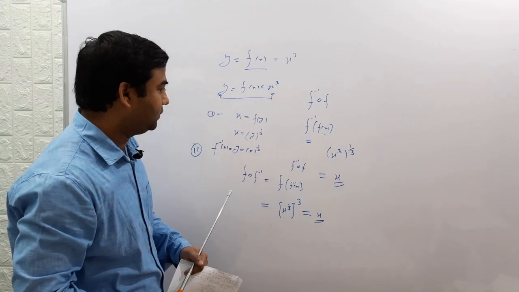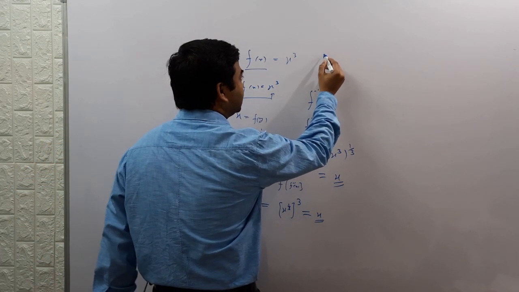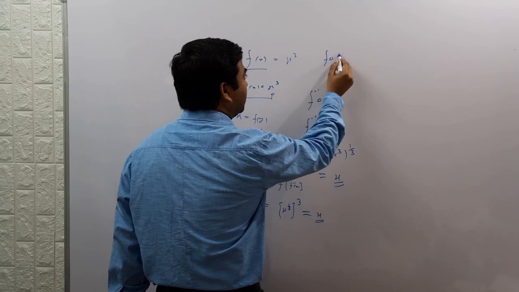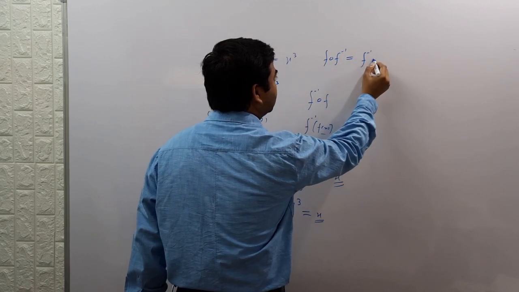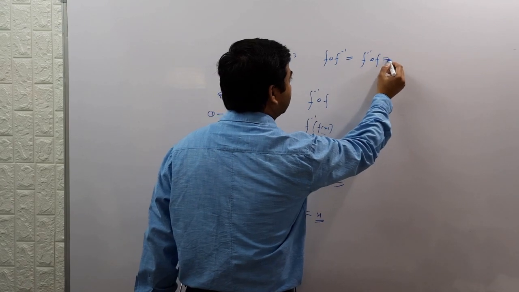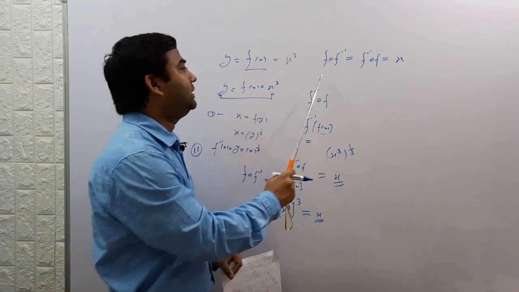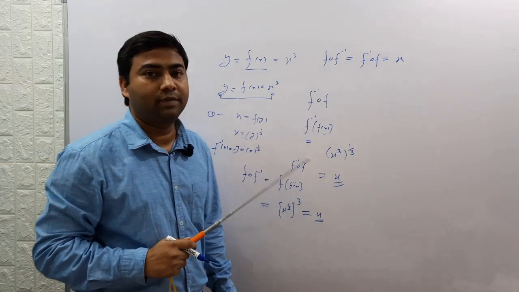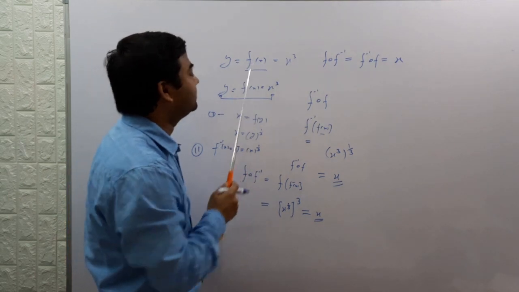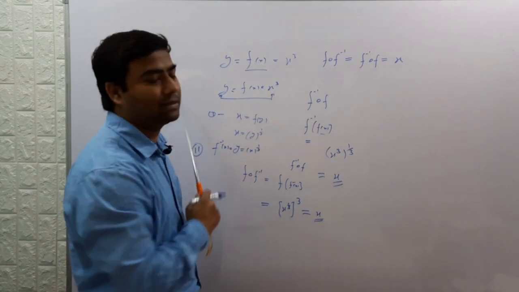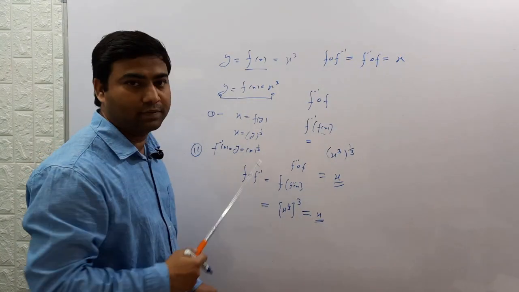That is the property of inverse function. You can write it like this: f of f inverse is equal to f inverse of f is equal to x. That is the fundamental property of inverse function. So you have y in terms of x, just find x in terms of y and interchange their positions, you will get the inverse function.